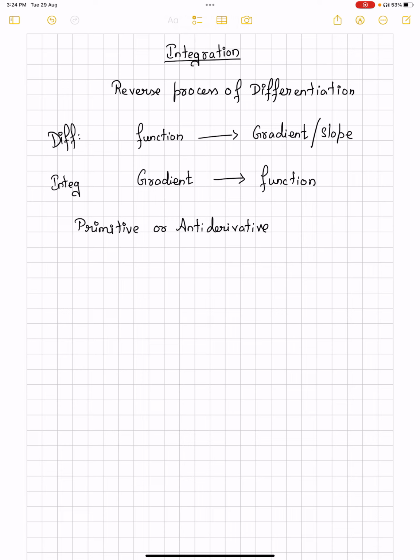It's connected with a very early stage. That is what we call a primitive. Antiderivative: derivative means differentiation, and antiderivative means integration. All these are the same thing. But we are using these terminologies for how integration came into the picture.